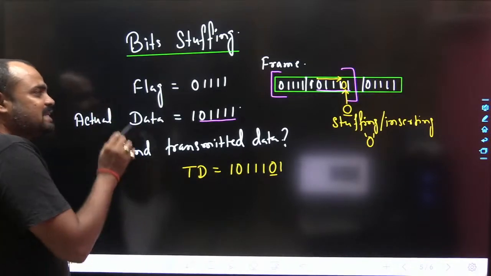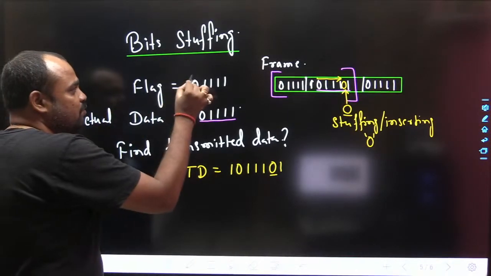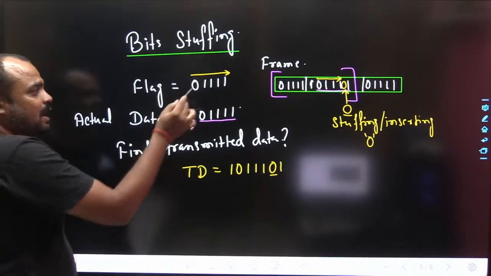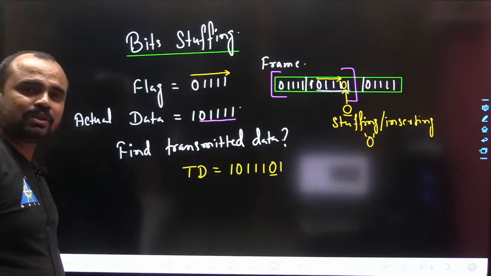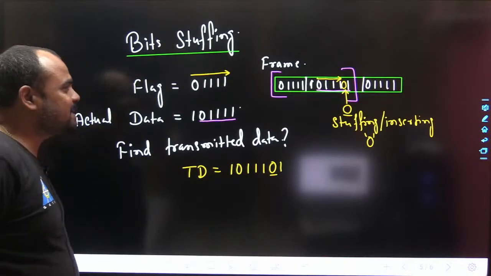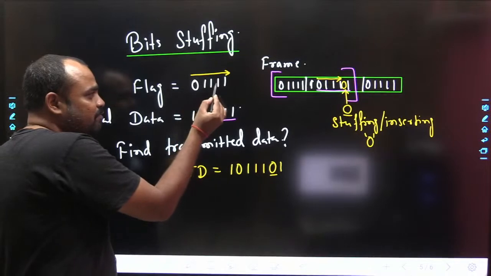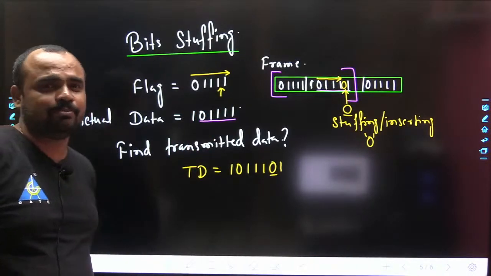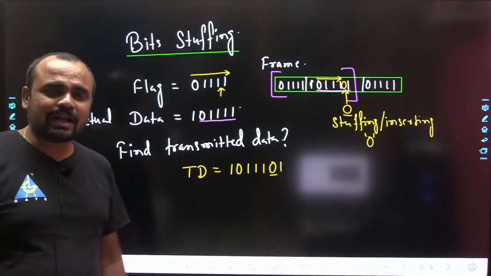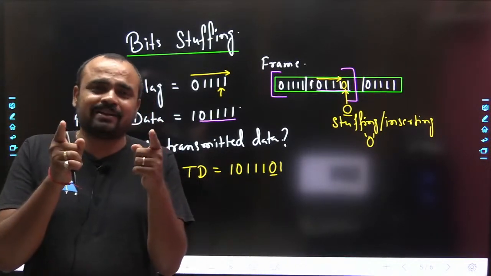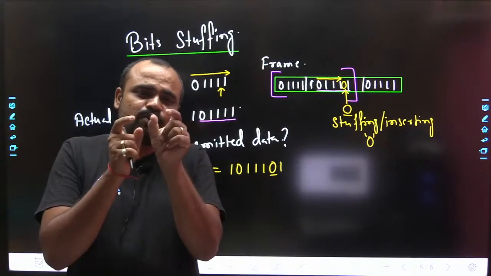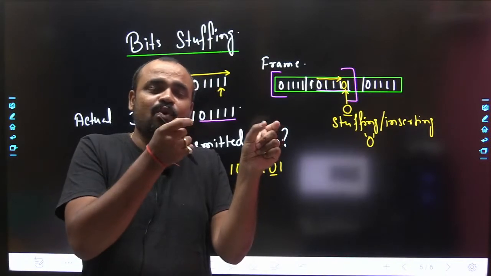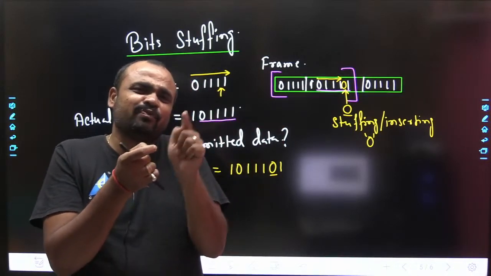See, if inside the flag pattern there is 0 followed by n number of ones, here how many ones are there? 4 ones. So inside the data field, just after 3 ones, if you insert 0, the flag pattern will be removed. Means in a flag pattern, if there is 0 followed by n ones, then stuff 0 after n minus 1 ones.